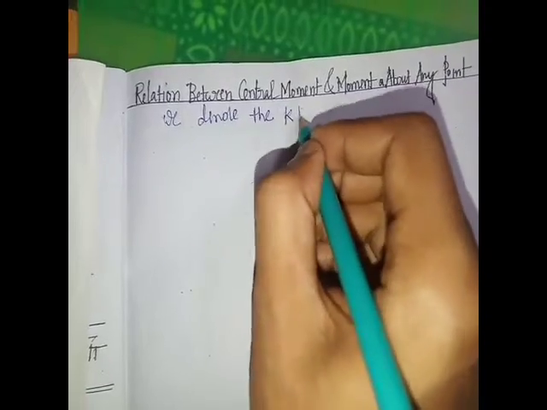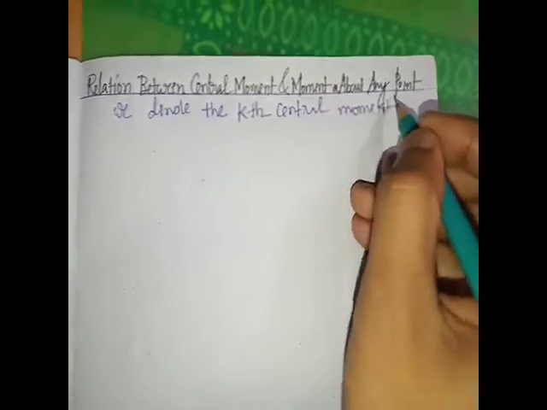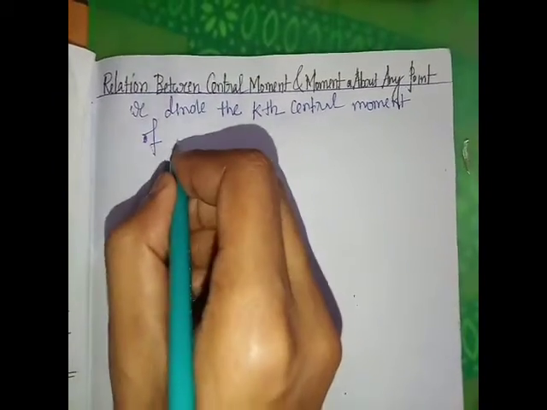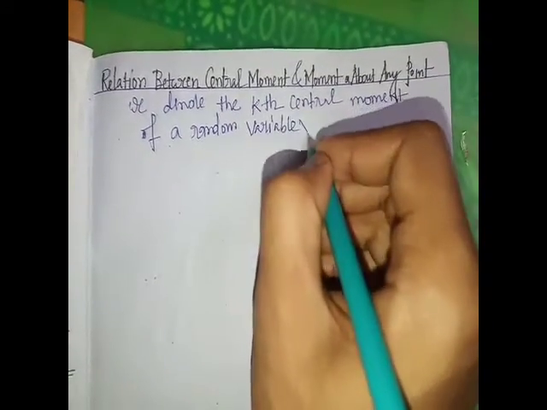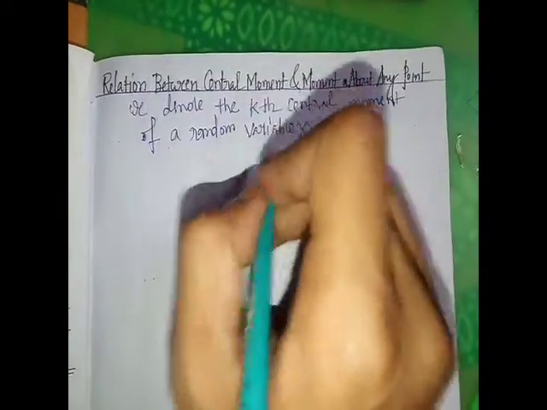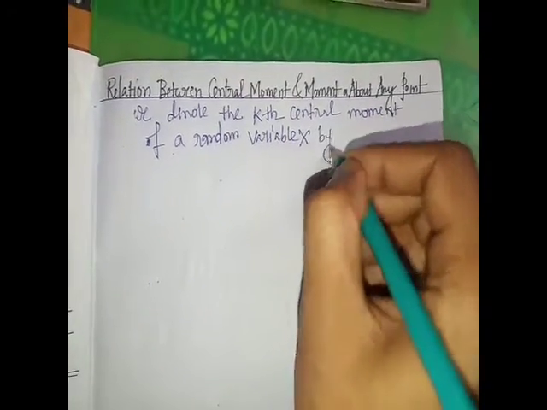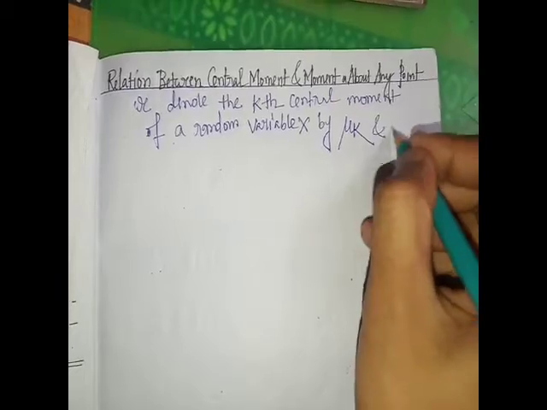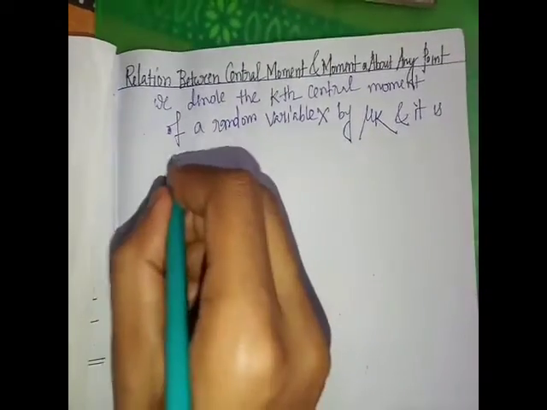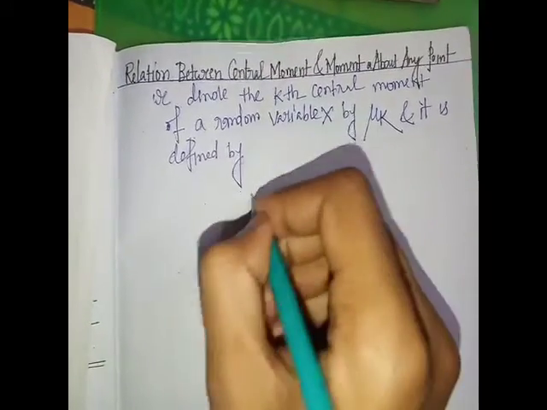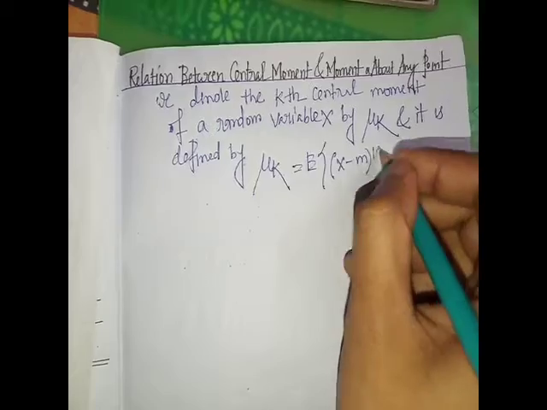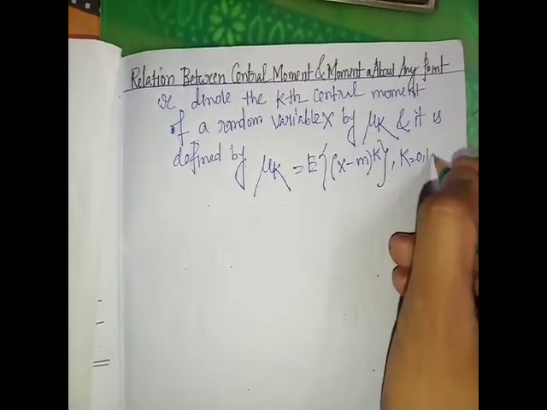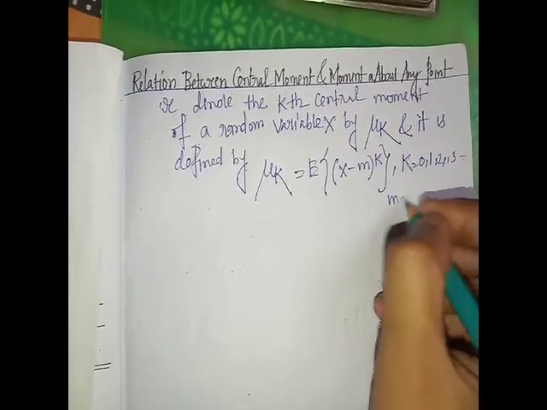We denote the kth central moment of a random variable X by mu k, and it is defined by mu k equal to expectation of (x minus m) whole to the power k, where k runs from 0, 1, 2, 3, and so on, and m equal to expectation of x.